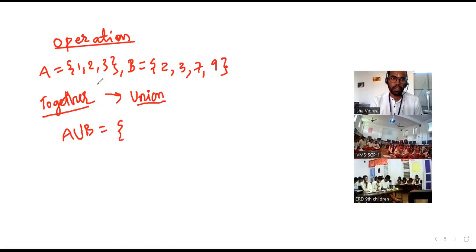So what do I have to do? We have to write all the elements here. First set elements I'll write here as 1, 2, 3. I don't need an answer actually. I need you people to get into it clearly. Now the second set is 2, 3, 7, 9.